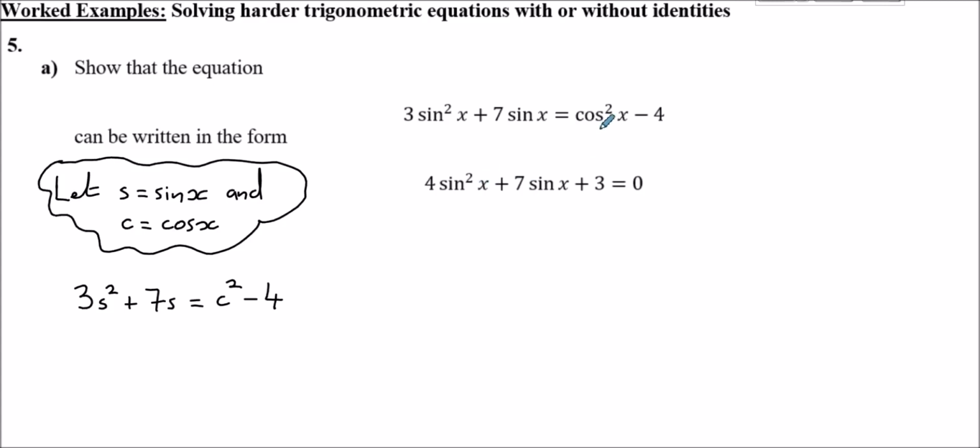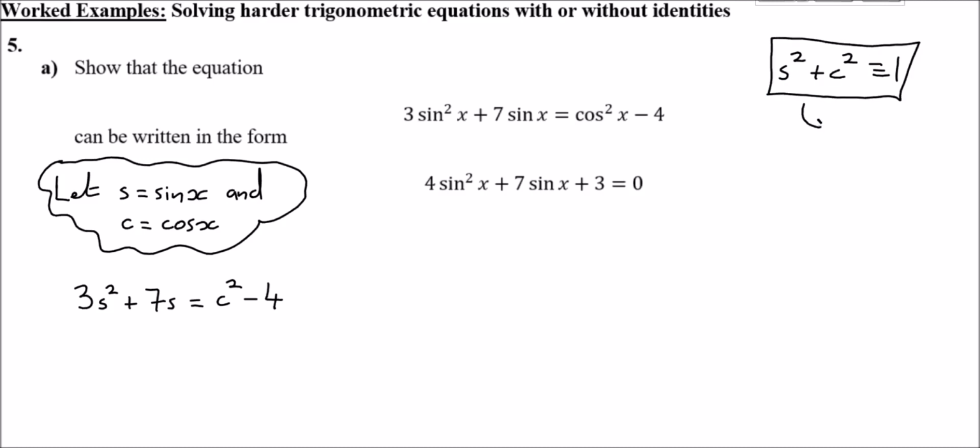So what's happened here is this cos squared has basically vanished and been replaced with something related to sine. So how does cos squared relate to sine, or indeed sine squared? We need to remember this identity here, that sine squared plus cos squared is always equal to 1.